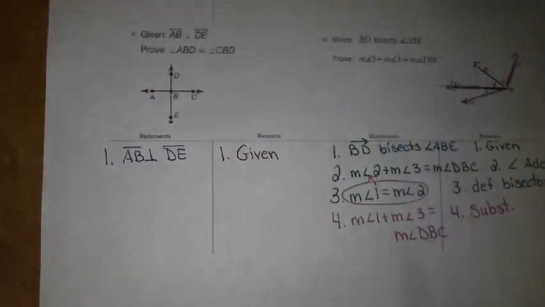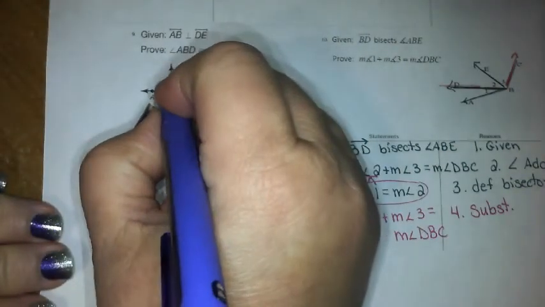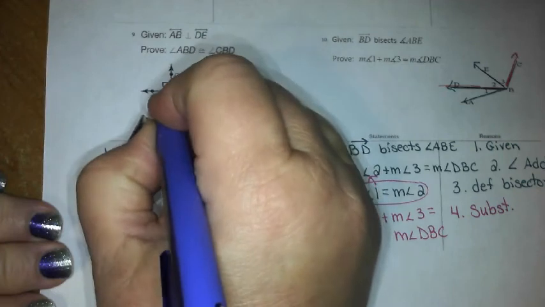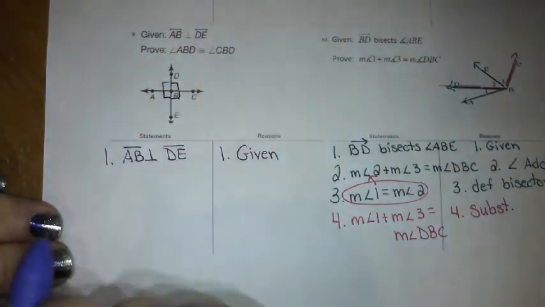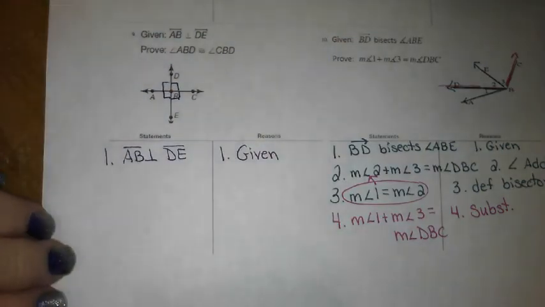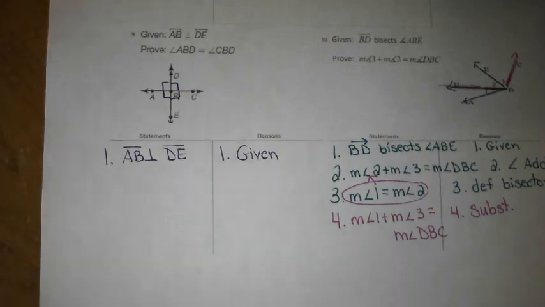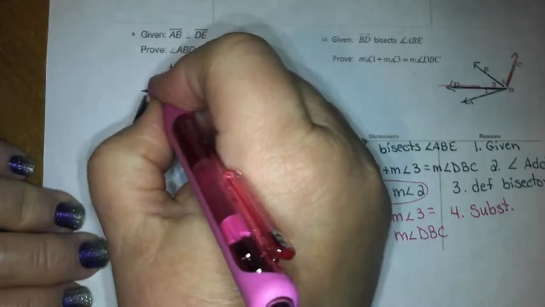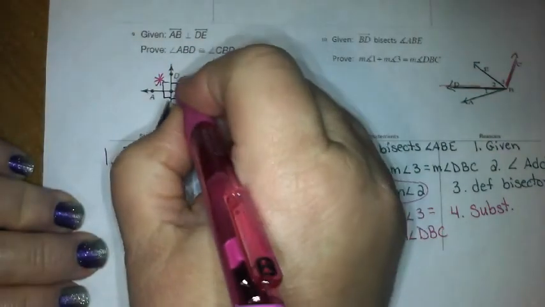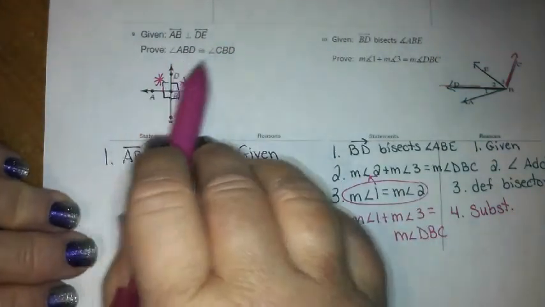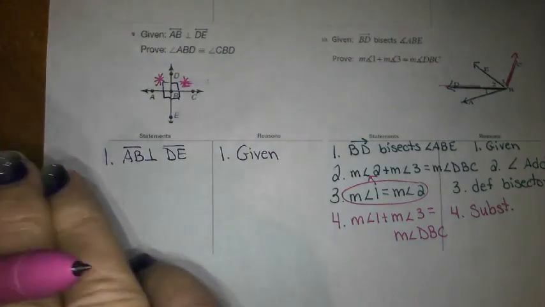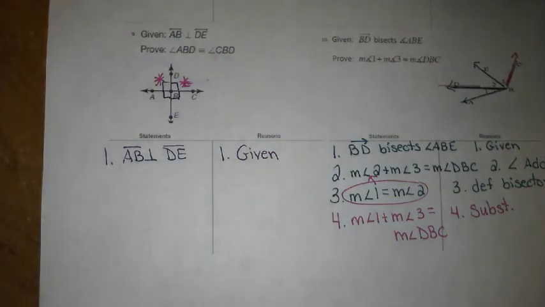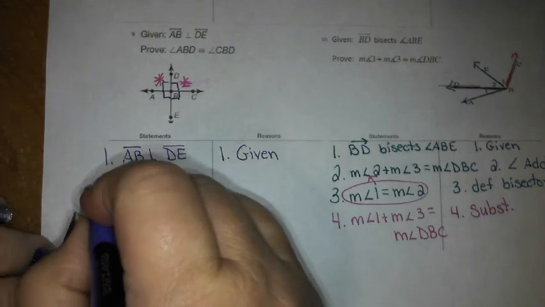So look back at your picture. What are the right angles? Well, there's one here, here, here, and here. But I don't think I need to list all of them. Maybe I just need to list angle ABD and angle CBD because those are the ones I'm writing a proof about. So I'm going to list those as my right angles from the definition.